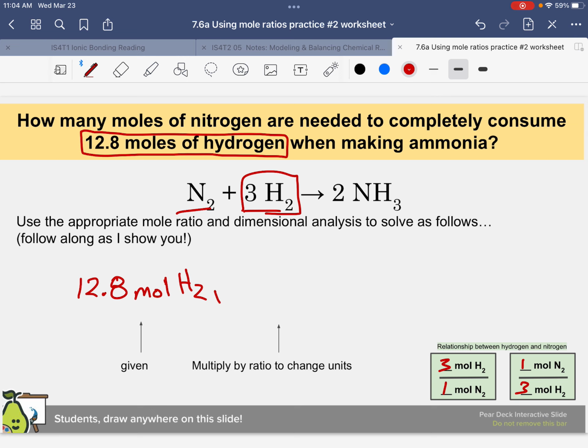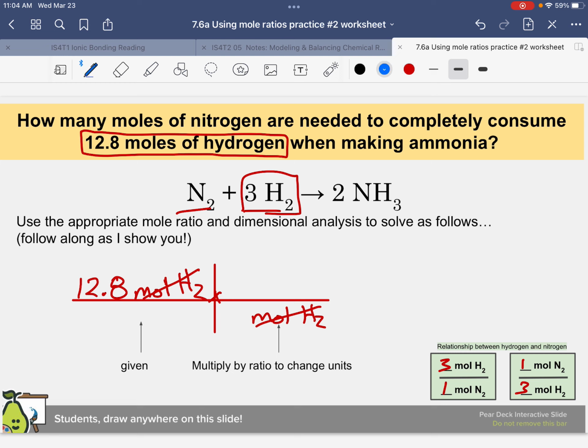And I'm going to multiply that by a ratio to change my units. This is literally exactly what we were doing before with molar mass. I'm going to put a little chart like this just to help keep my work clean. On the bottom, I want moles of H2 because that's going to allow me to cancel my units.